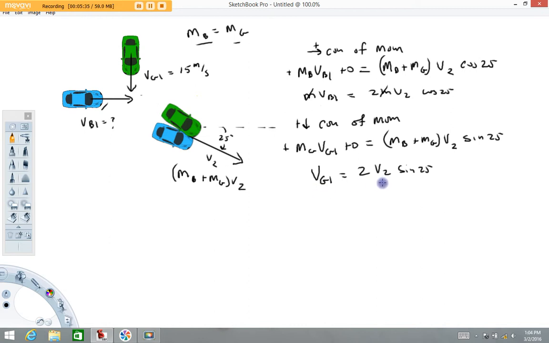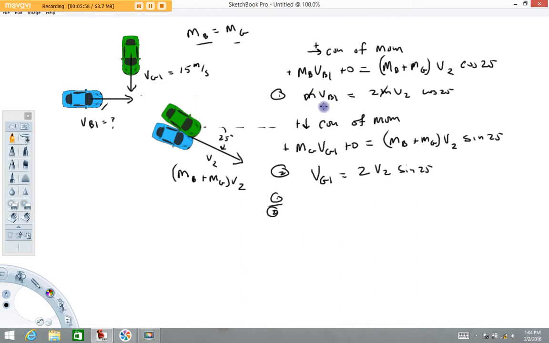We could go ahead and find V2, but V2 is not really what I was looking for. I'm looking for VB1. So I'm just going to play a little math trick on this. I'm going to call this equation 1 and this equation 2. Keeping in mind that I want VB1, I'm going to take equation 1, divide it by equation 2.